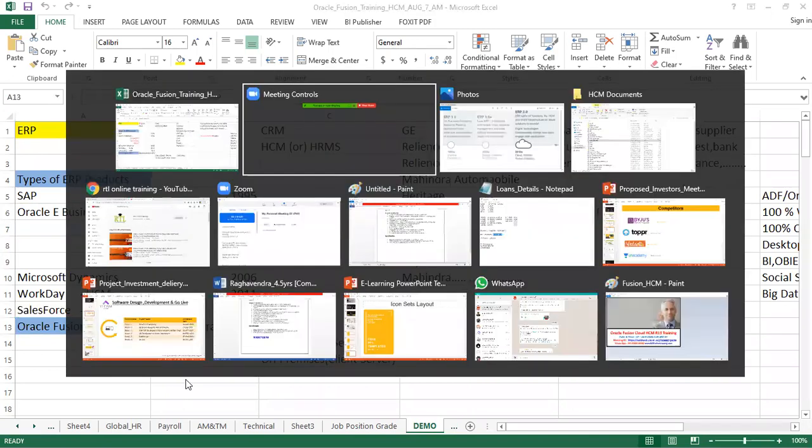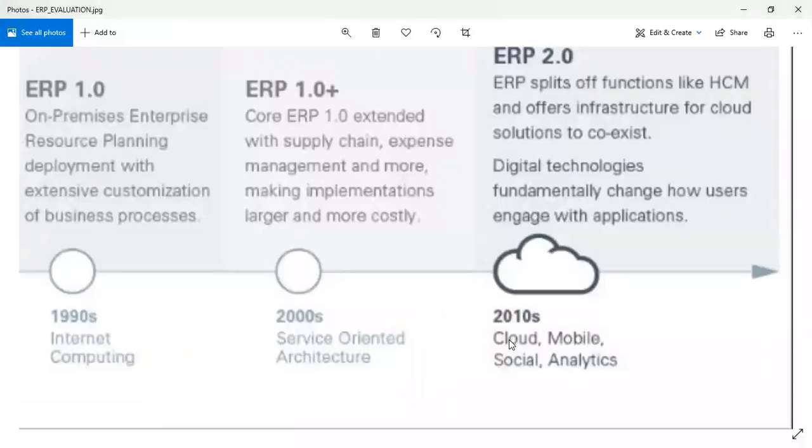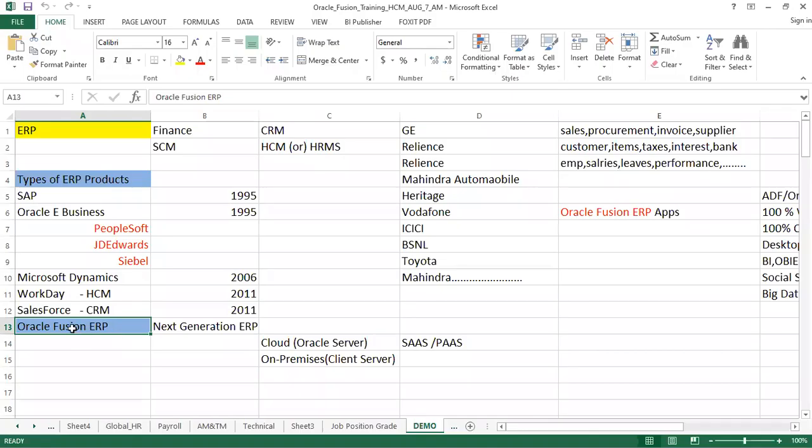This Fusion ERP software is 100% compatible for cloud, 100% compatible for mobility, social sites integration, and analytics. All the features are available in this ERP that Oracle has developed. What is that ERP software? Oracle Fusion Applications.